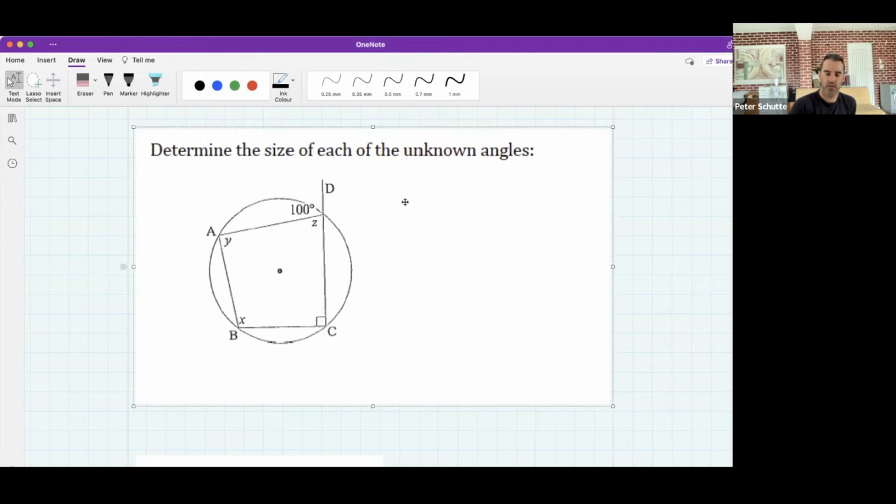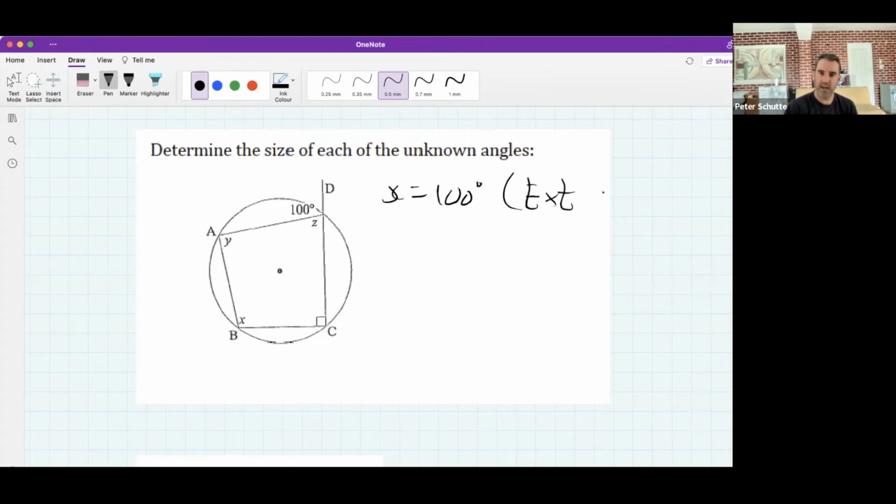Okay. So I first found X. X is going to be 100 because interior equals to the exterior. Okay, so X is 100, and the official reason, I agree, is exterior angle cyclic quad. Exterior angle. Okay, perfect. So this is 100.